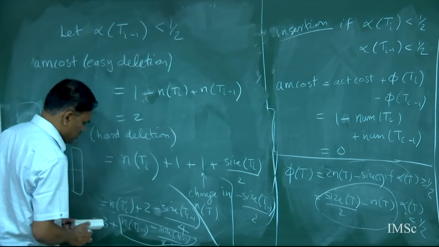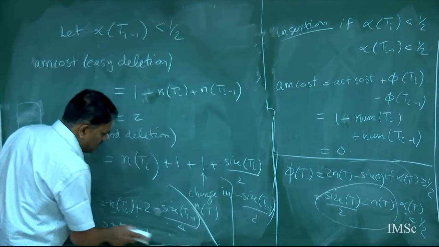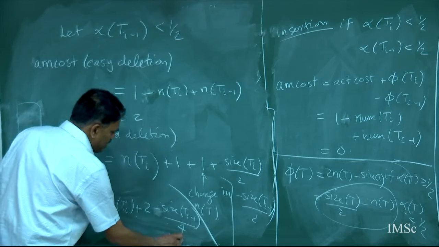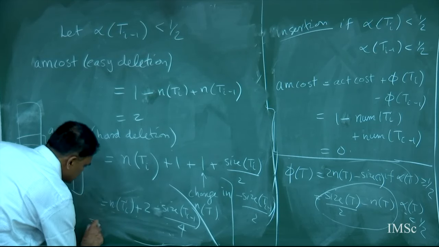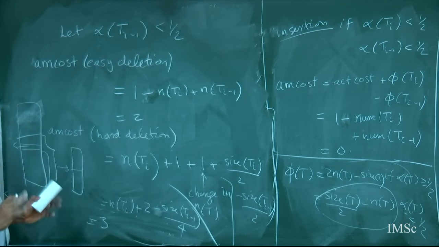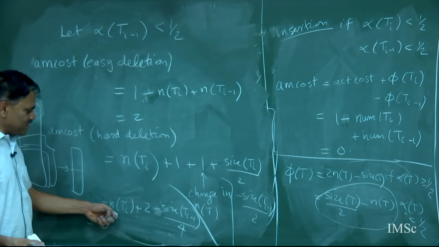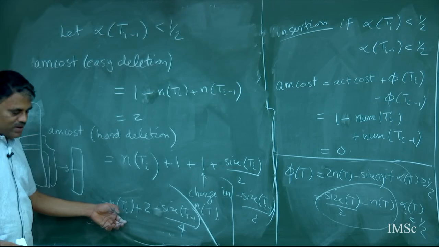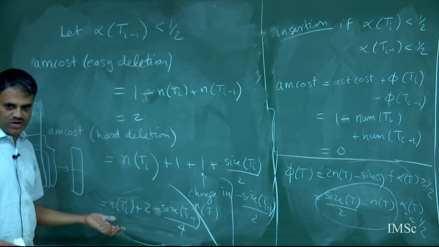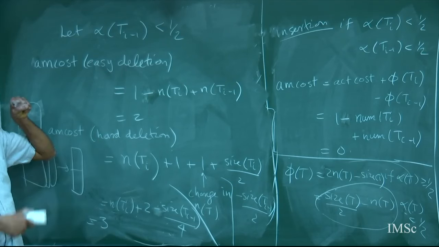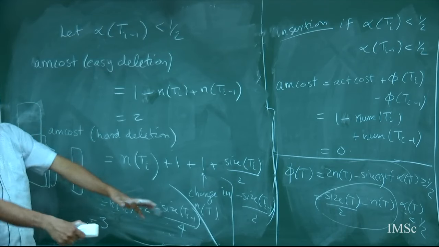So I don't need to do the 3 plus. After I delete, it becomes less than 1/4, which is what I don't allow. So that means before deletion, it's 3. It's 1 plus n of ti minus 1, whatever the number of elements before. Whatever the number of elements before was exactly 1/4 of it. With this deletion, it became strictly less, and that's why I went for contraction.